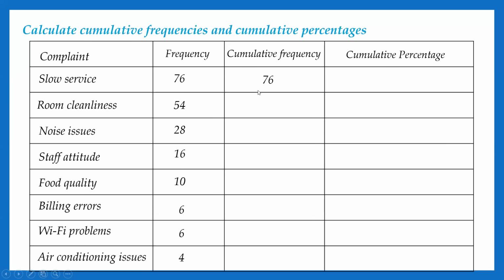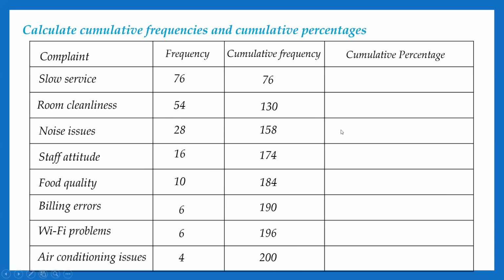Then the second one, 76 plus 54, is 130. 130 plus 28 is 158. 158 plus 16 is 174. 174 plus 10 is 184. 184 plus 6 is 190. 190 plus 6 is 196. Finally, the cumulative frequency is 200.